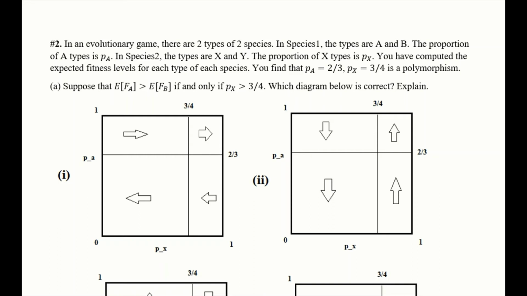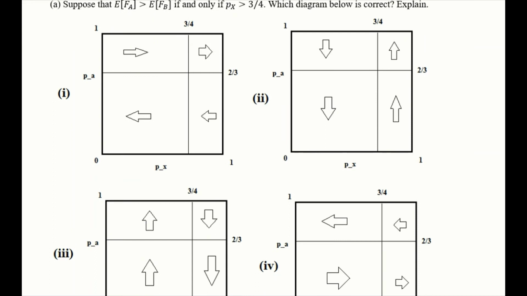Let's assume you already did a bunch of math and you already found this polymorphism. So there will be 2/3 A types and 3/4 X types. PA is the fraction of A types, PX is the fraction of X types. As you can imagine with an online exam, it's going to be tricky to draw diagrams.